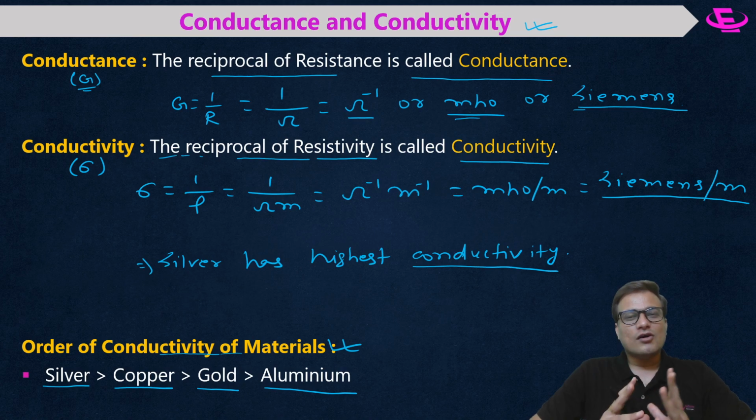So you purchase gold for jewelry purposes, not for conductivity purposes. For conductivity purposes generally people use copper or aluminum, because even if you use silver, its price is very high, so you can't use silver as a conductor. If you are an electrical engineer and going to purchase wire, don't purchase silver or gold wire. You have to purchase either copper or aluminum wire, because you have to look at the cost.